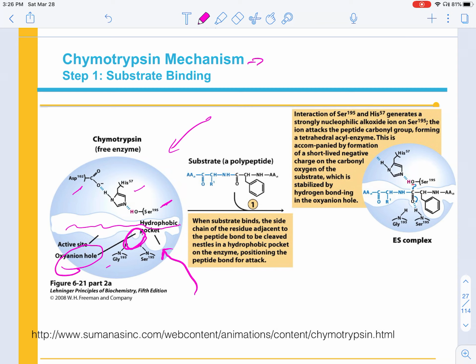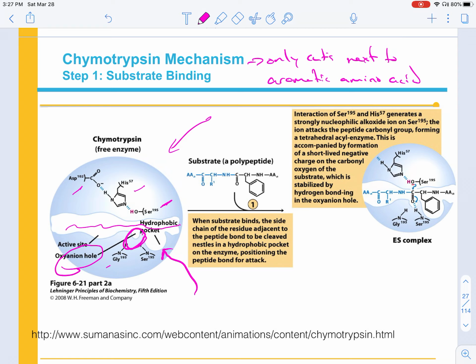Chymotrypsin only cuts next to aromatic amino acids. So it cuts the peptide bond of aromatic amino acids, and we know what those amino acids are because at this point we know all of the structures of the amino acids. And so clearly the aromatic amino acids would be what?